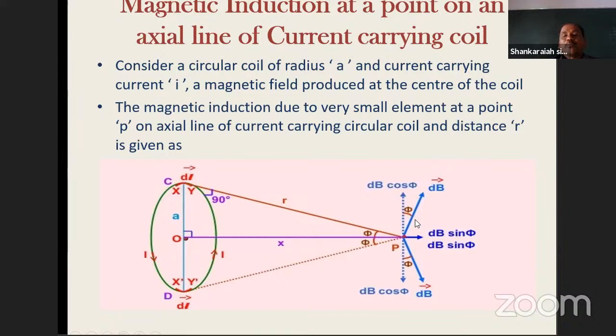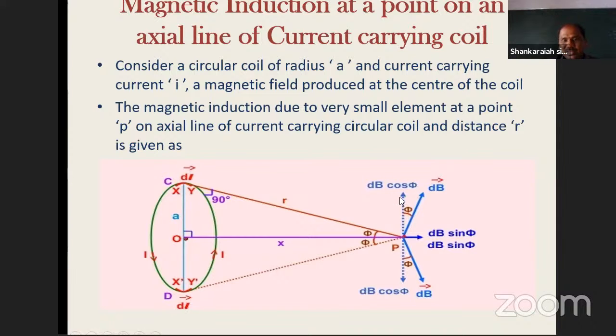This dB is making an angle phi with the vertical axis.